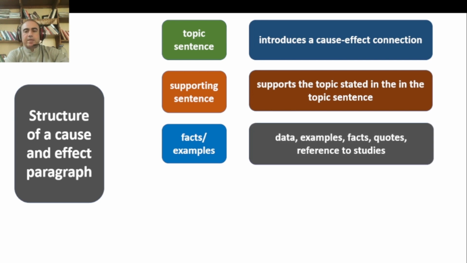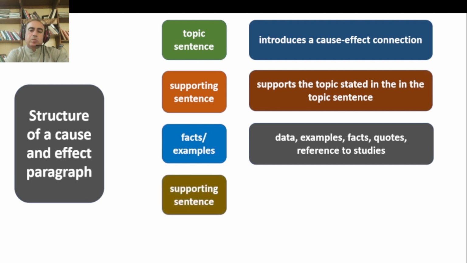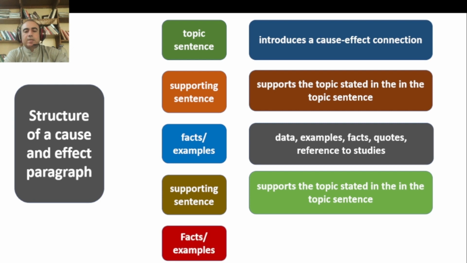That can be data, examples, facts, quotes, references to studies, etc. Then a supporting sentence further to support the facts, so that your facts are better explained. And then again, after the supporting sentence, you come up with more facts so that you substantiate the whole debate you are talking about.